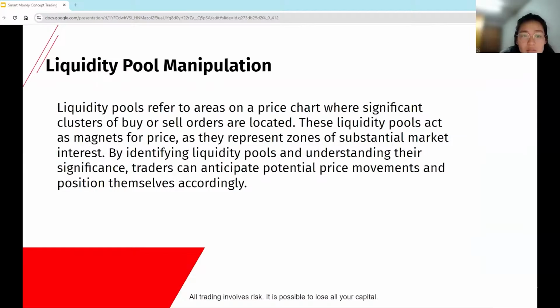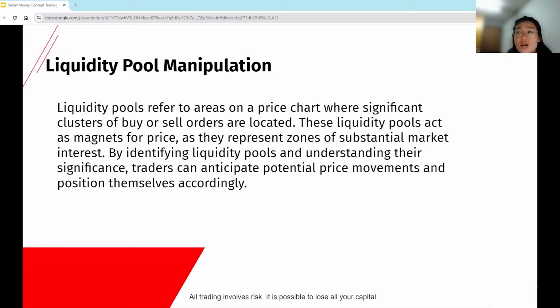Now, liquidity pool manipulation basically refers to areas on the price chart where significant clusters of buy or sell orders are located. These liquidity pools act as magnets for price as they represent zones of substantial market interest.